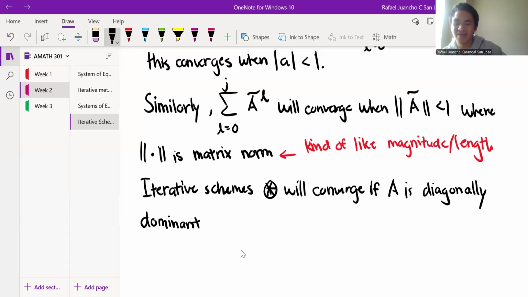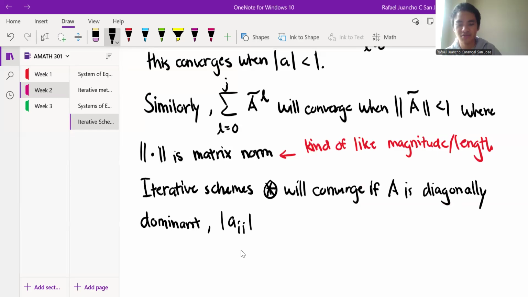Any matrix, as long as it's diagonally dominant, we should be good to go. What's this notation?